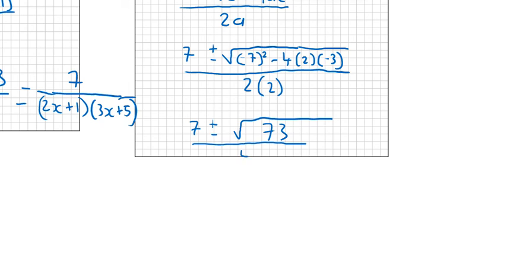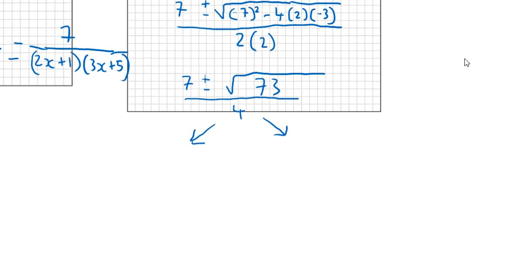And that's all over 4 on the bottom. So here we can split it into two options of plus or minus. If we take the minus option first, 7 minus root 73 over 4. And then the plus option would be 7 plus root 73 over 4.